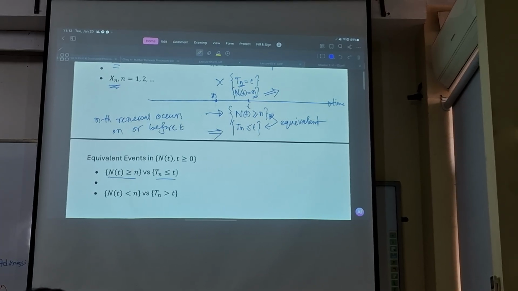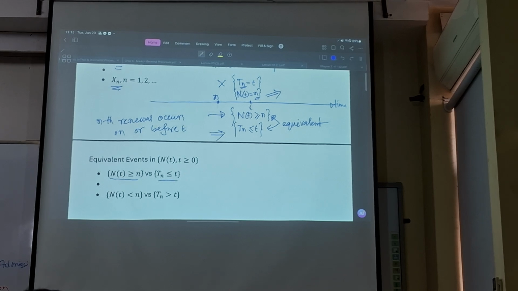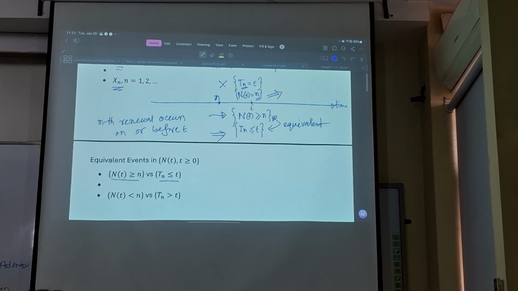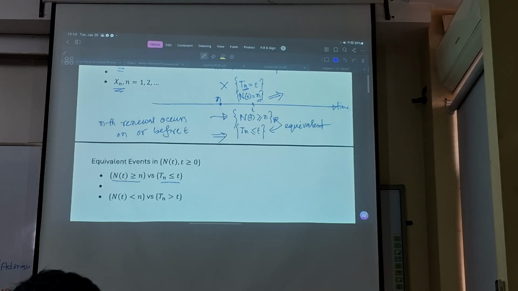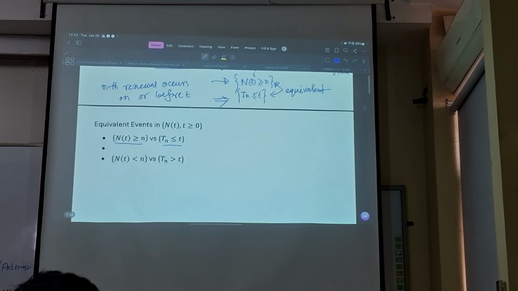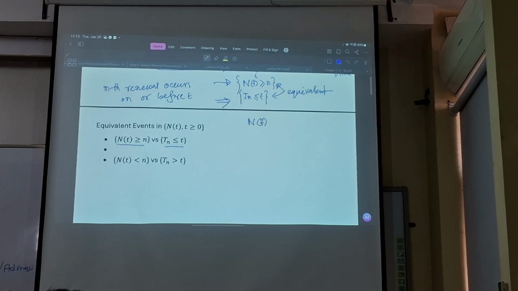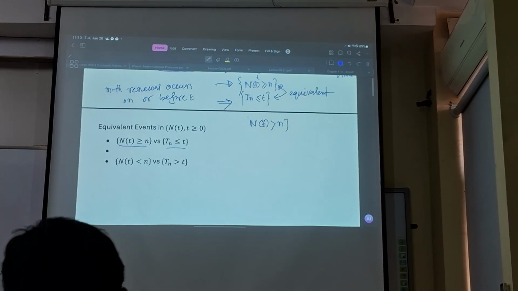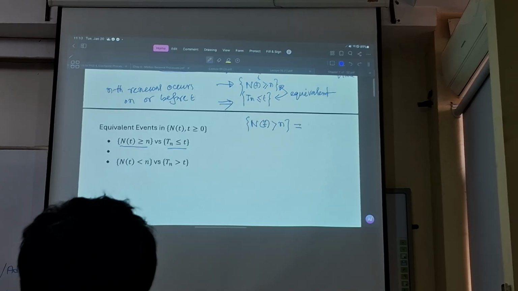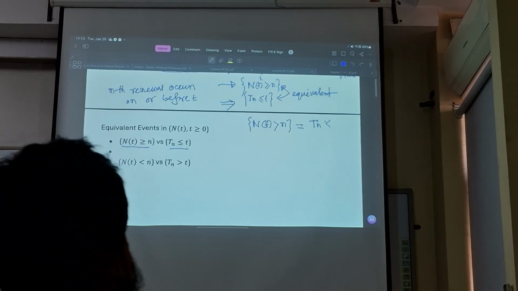Yes or no? If both events are telling that the nth event occurs on or before t, then they are identical. If they are identical, then what can we say? We can write that N of t greater than or equal to n is equal to T sub n less than or equal to t.